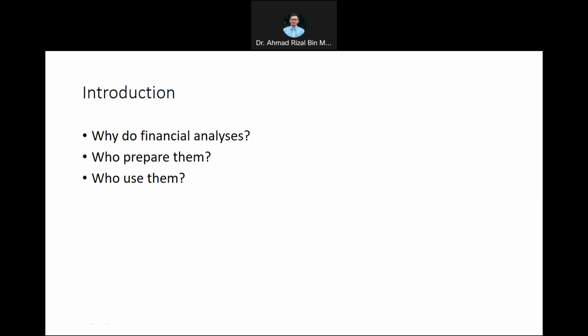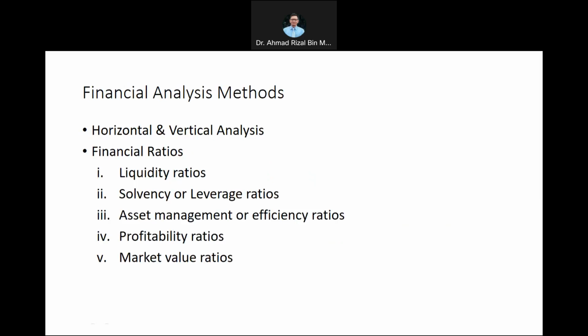For the external users, mainly creditors want to do credit checking or even rating for the company. Suppliers want to prepare credit terms for the companies, and also investors look at the financial strength and also the growth potential of a particular company.